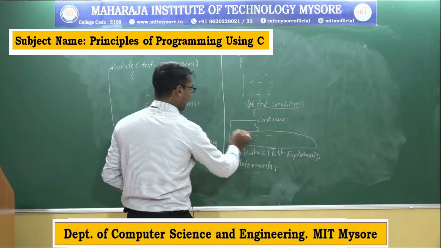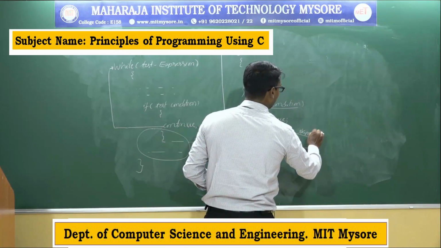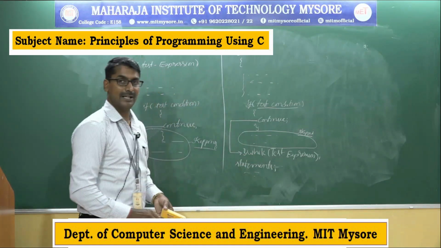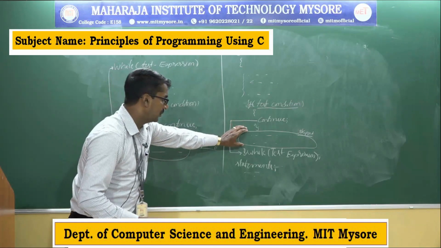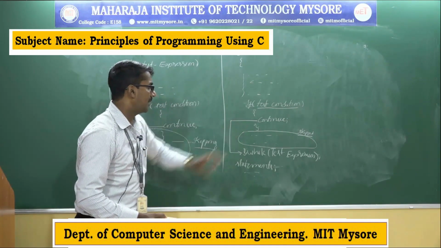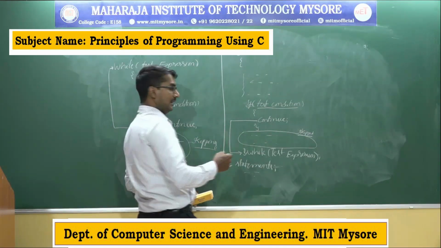So these statements will be skipped, and control is directly transferred to the while statement. So the continue skips only this part of the statements, and it executes the remaining iterations.